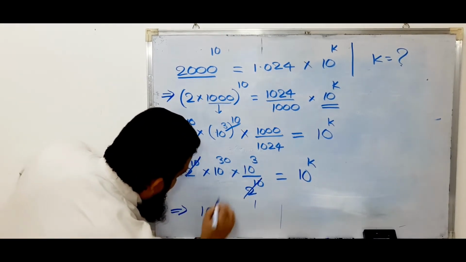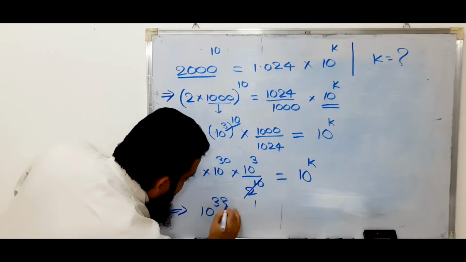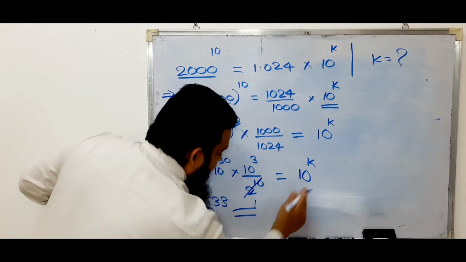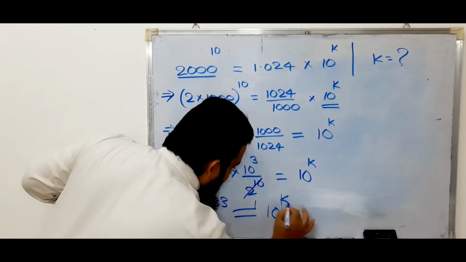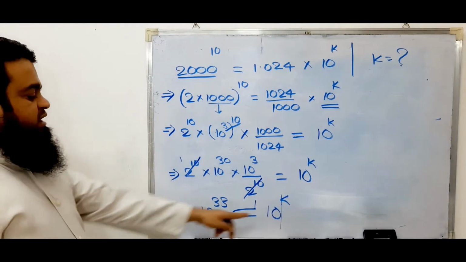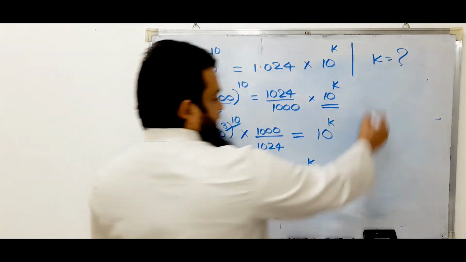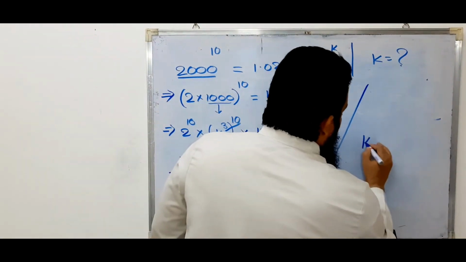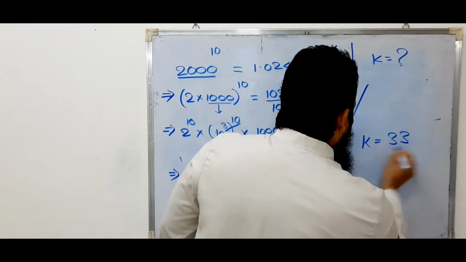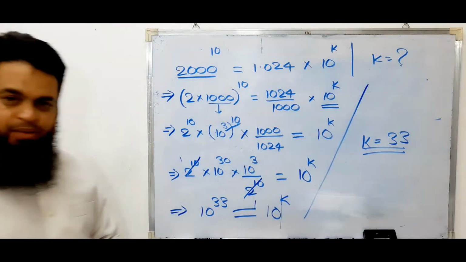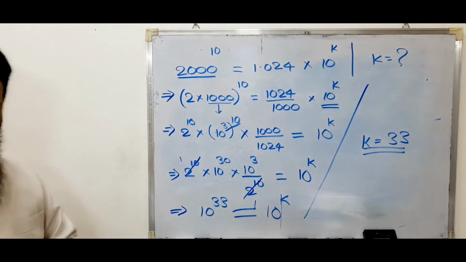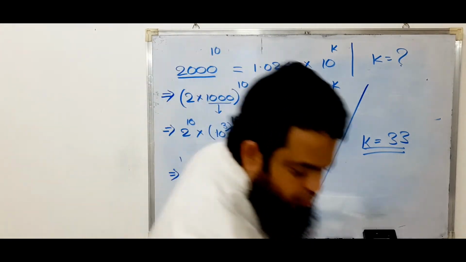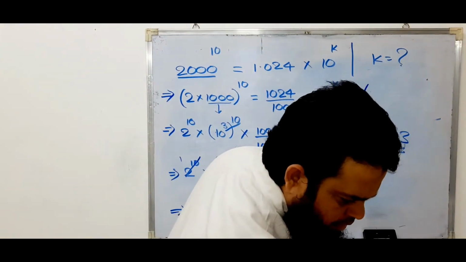So 10 to the power of 30 plus 3, 33, equals, what is there on the right hand side? 10 to the power of k. Since bases are equal, I can easily say that k equals 33. I hope everybody understood. Good? Yes. Let's go for the next problem.